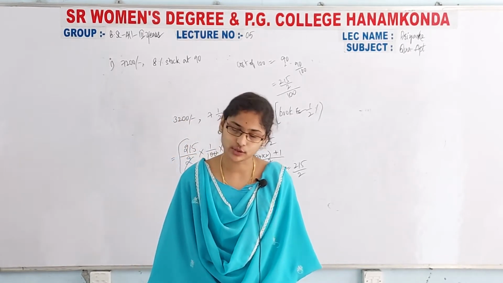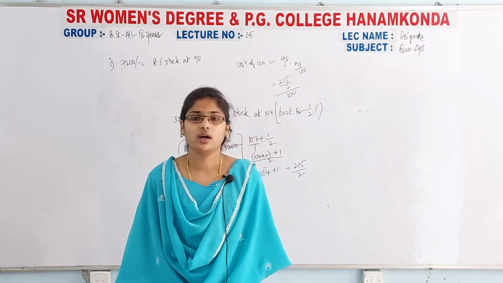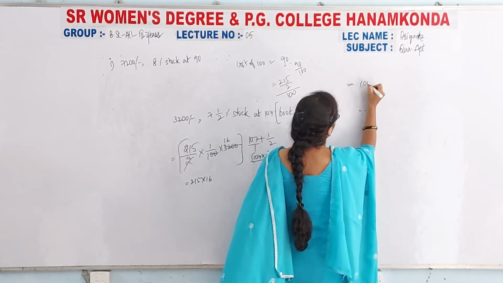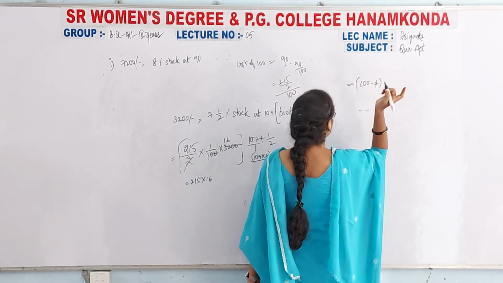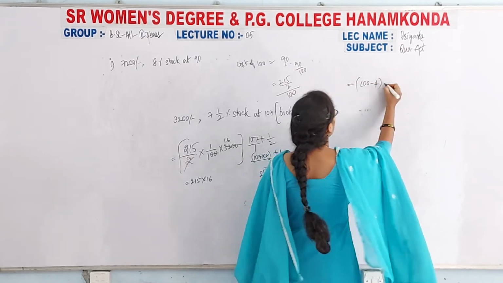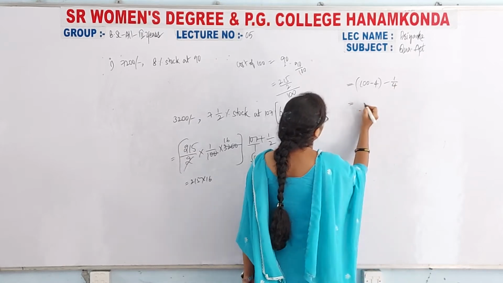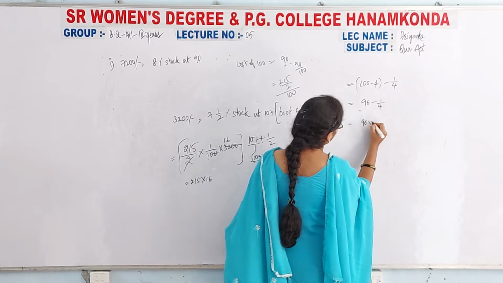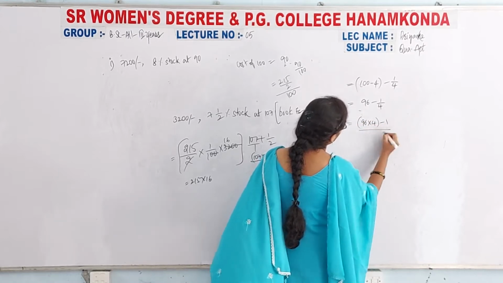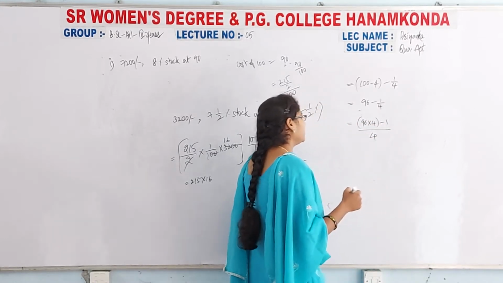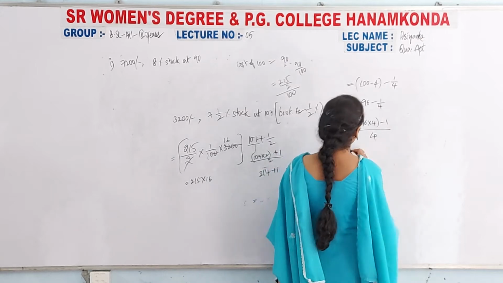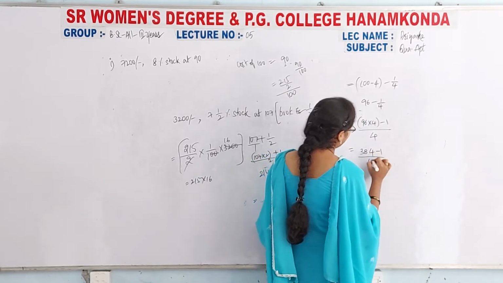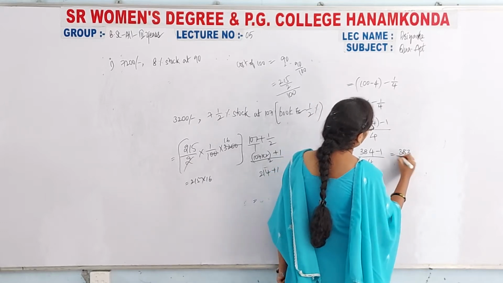So 100 minus 4, and then we have that brokerage, so minus 1 by 4. Now it is nothing but 96 minus 1 by 4, which is nothing but 96 into 4 minus 1 by 4. Now calculate it. 4 6s are 24, 36, 38 minus 1 by 4. So 383 by 4.